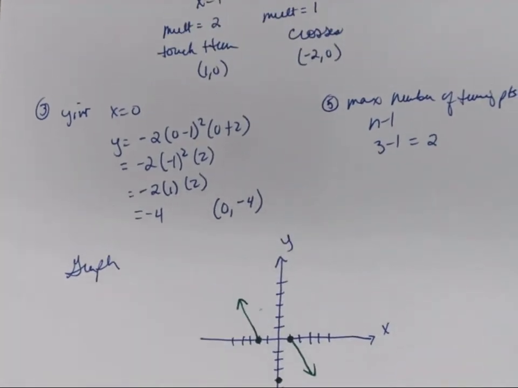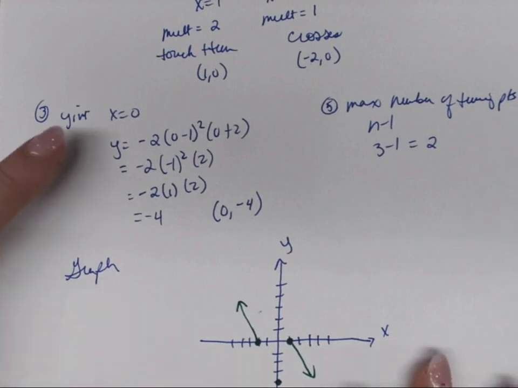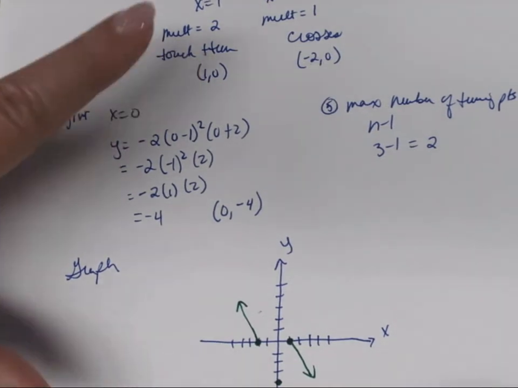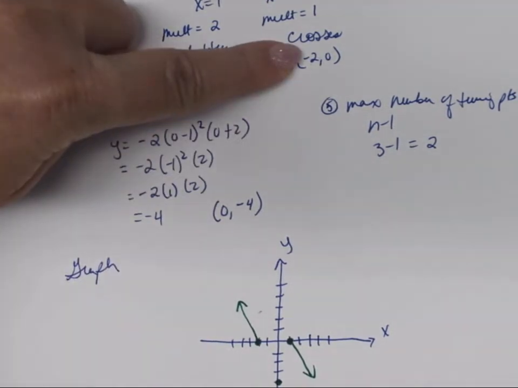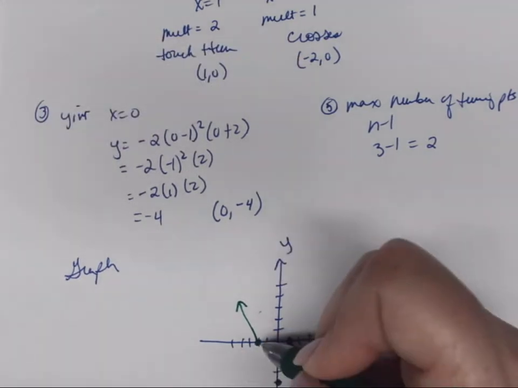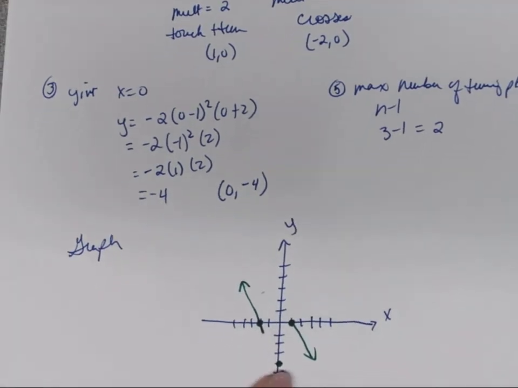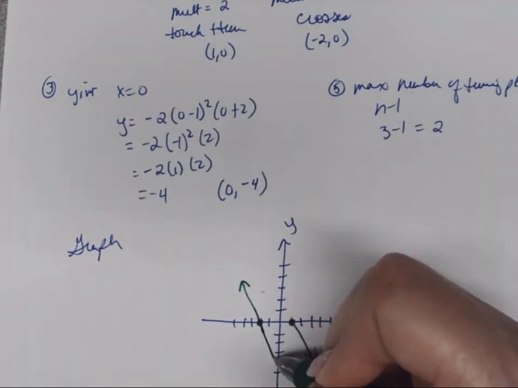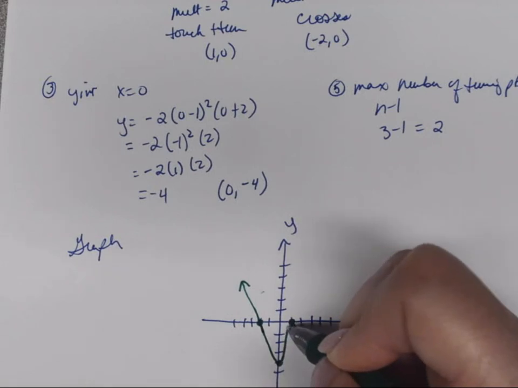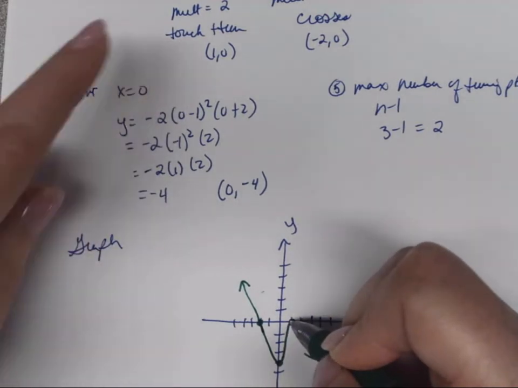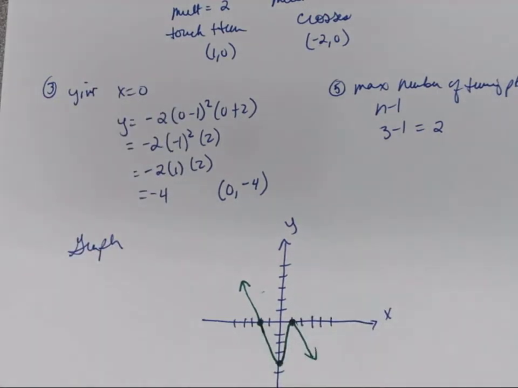And now we're going to look at our behavior. Let's start from the left. At (-2, 0), it's going to cross. So we know it's going to come down. When it does, you're going to have to come down and catch that y-intercept. So come down, grab it, come back up. As we meet that, it does say it touches and turns, so we are good for the rest of it.